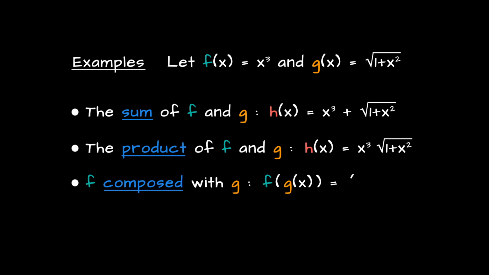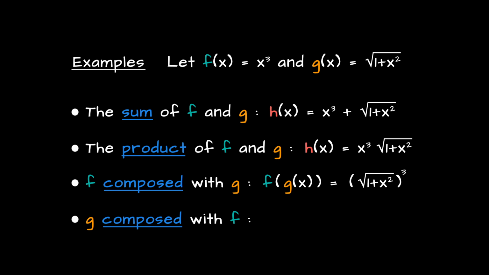So this would give us radical 1 plus x squared, all raised to the power 3. Right, so here we take a number x and apply g to it to obtain radical of 1 plus x squared, and then we apply f to the result, which entails cubing radical of 1 plus x squared.